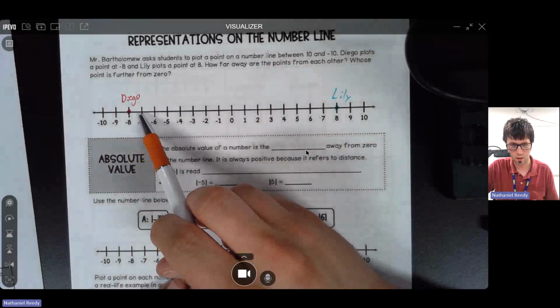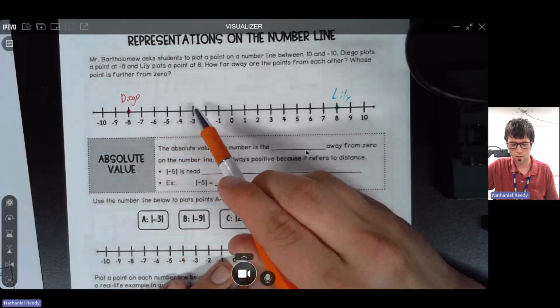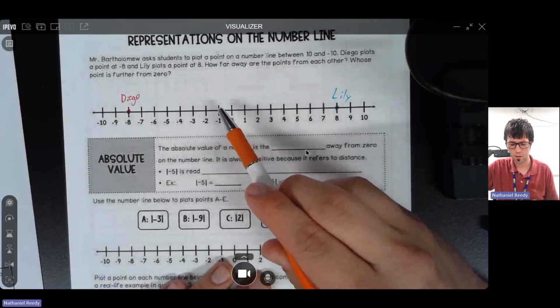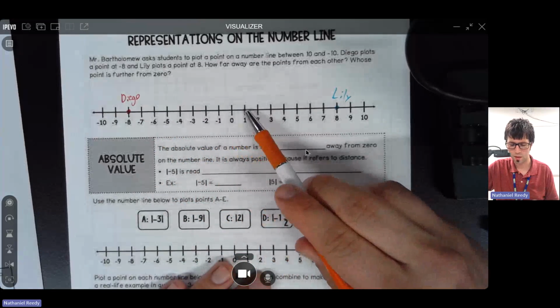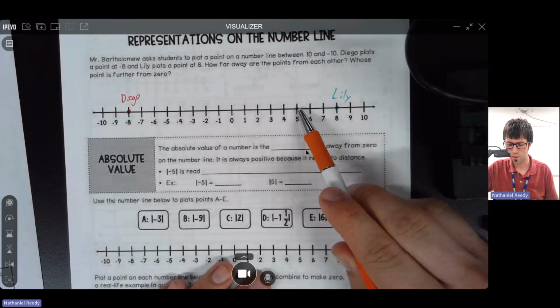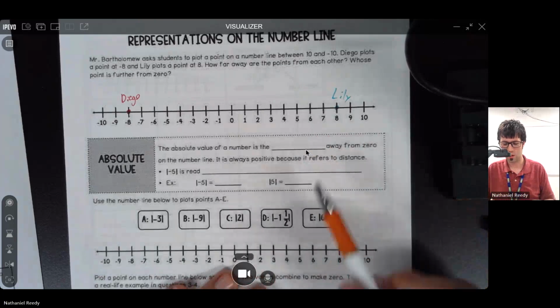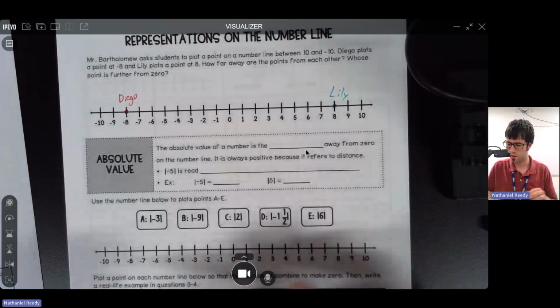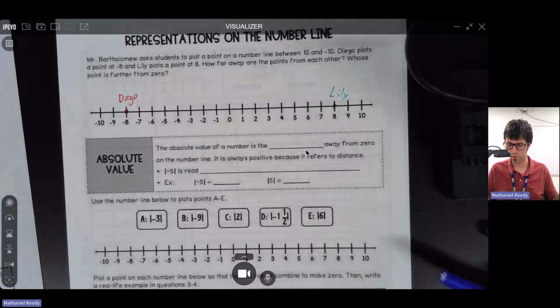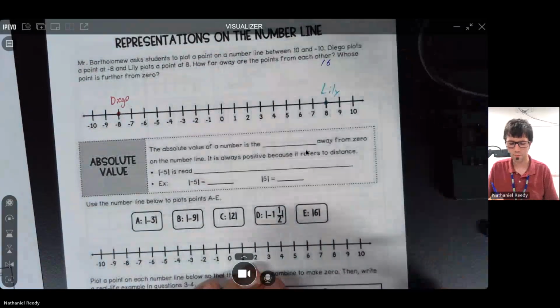We're going to go 1, 2, 3, 4, 5, 6, 7, 8, 9, 10, 11, 12, 13, 14, 15, 16. Okay, so the points are 16 away from each other. So the answer to that first question is 16.